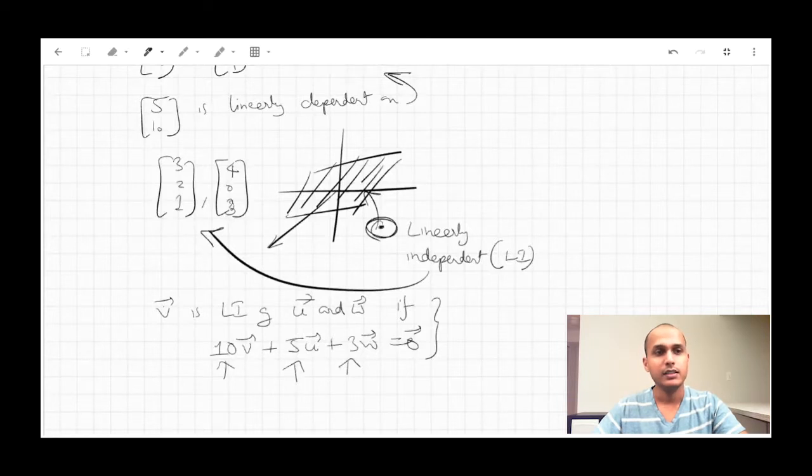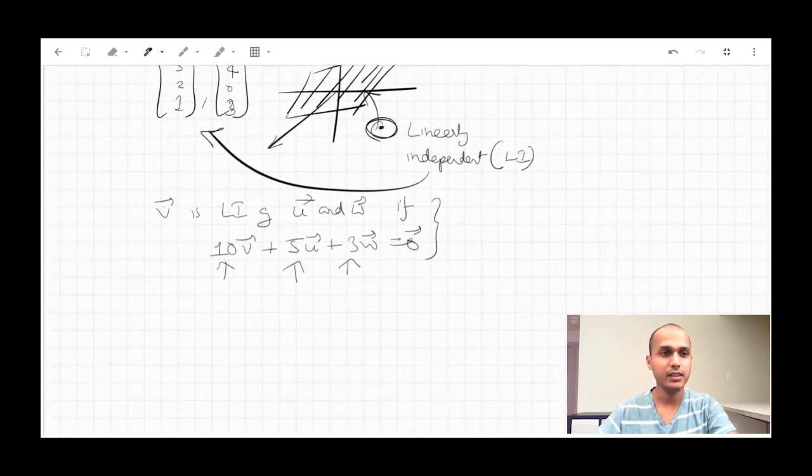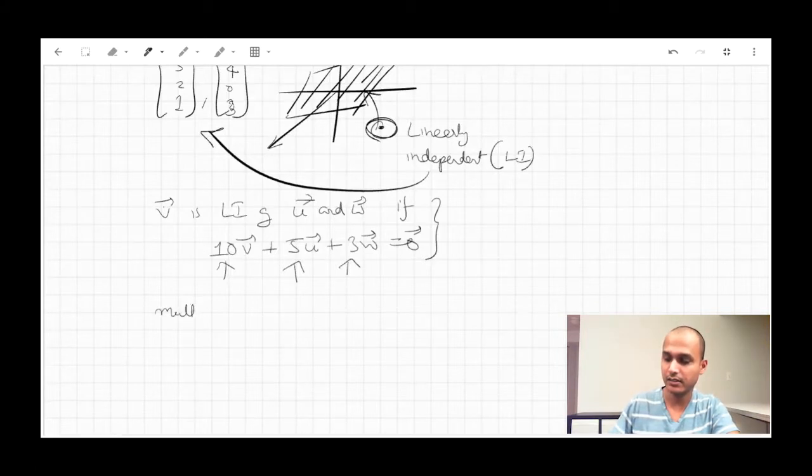Now, given this notion of span, we can actually... Okay, before that, I'll just circle back to another topic in machine learning, or just linear regression, which is the notion of multicollinearity.